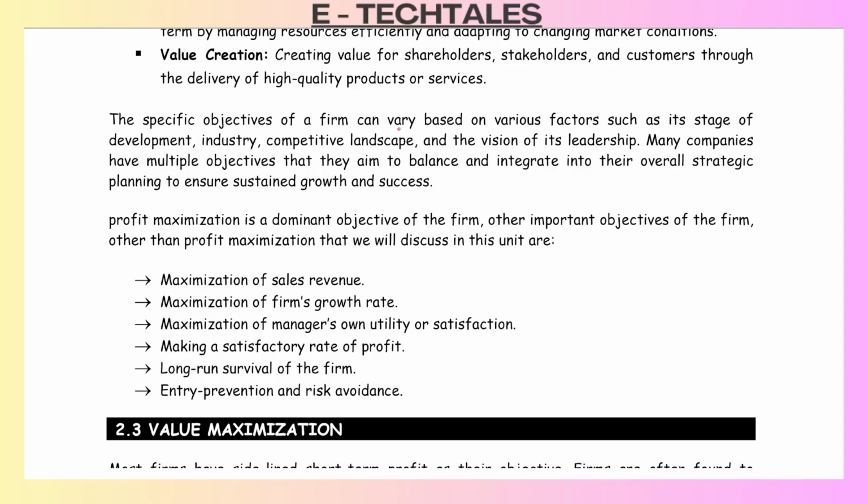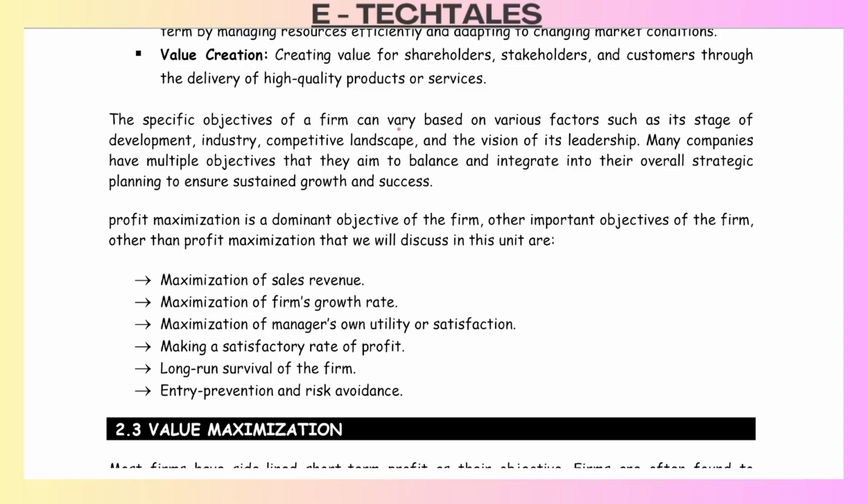For example, the stage of development, what the industry type is, what the competitive landscape is, what the vision of the leadership of the company is, what the CFO is thinking, what the company's aim in the market is, and how it is going to provide proper and great goods and services to the customers, etc. Now, many companies have multiple objectives as they aim to balance and integrate them into their overall strategic planning to ensure sustained growth and success.